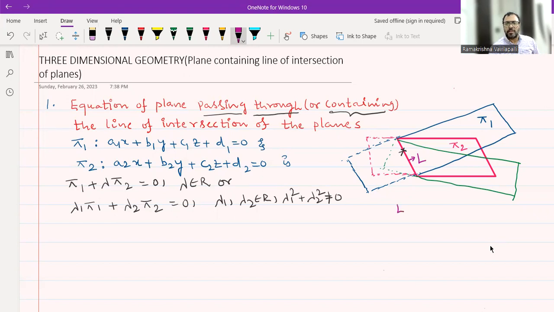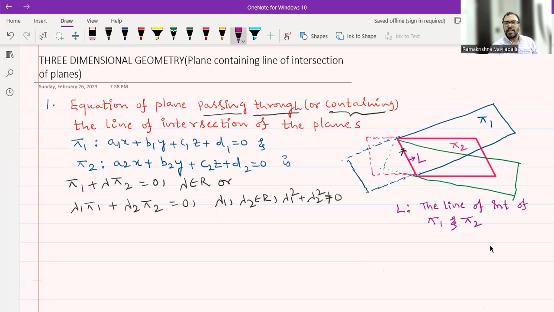Here I am writing L, the line of intersection of pi1 and pi2. Now they are asking what is the equation of a plane containing this line.